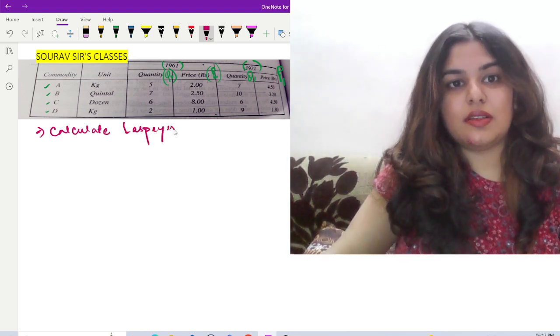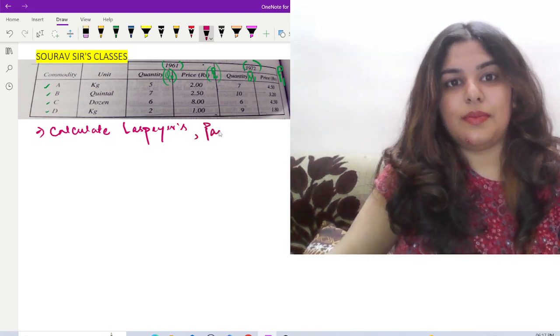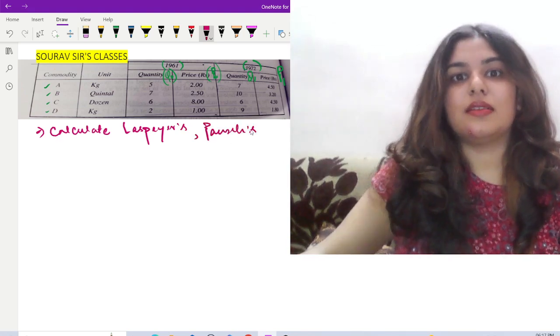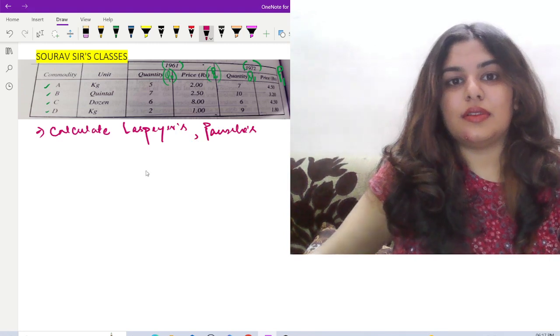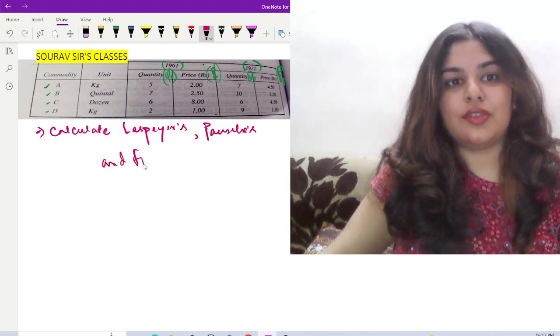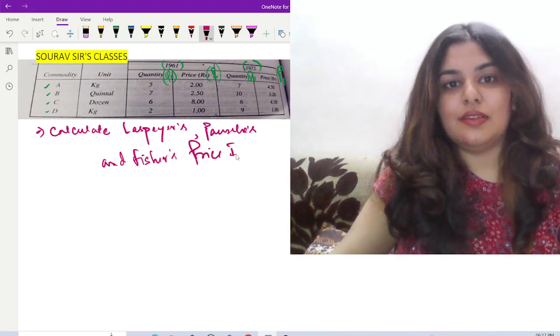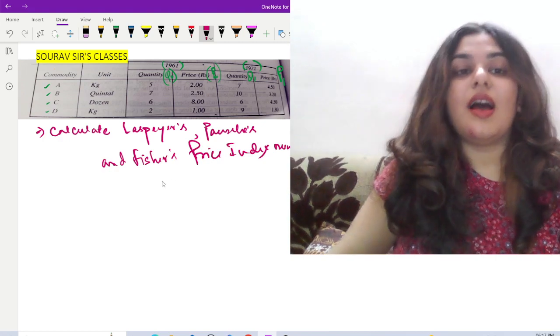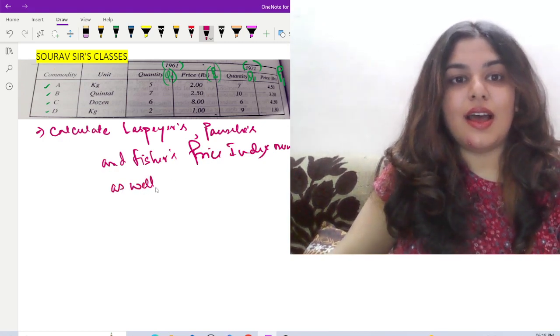Laspeyres, Paasche's and Fisher's price index number as well as quantity index number.